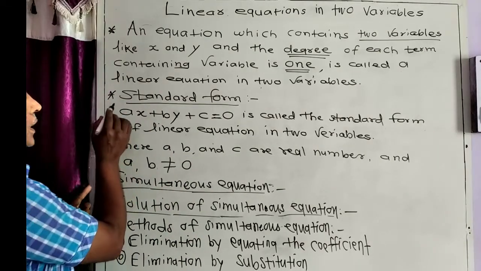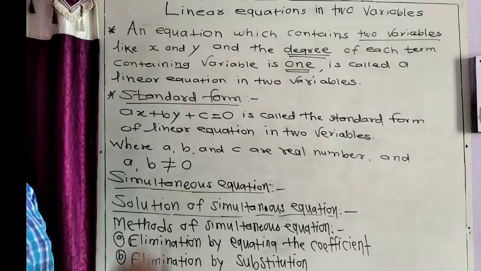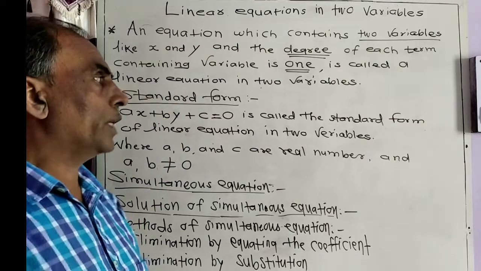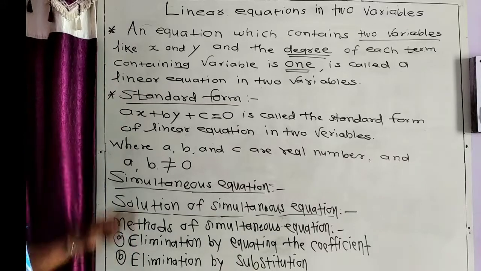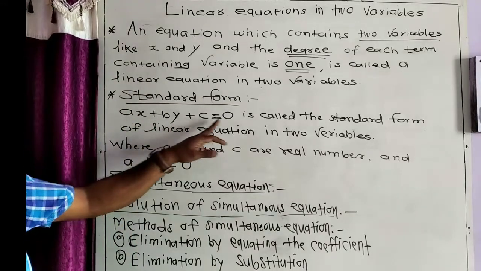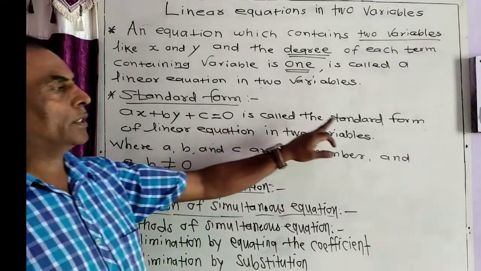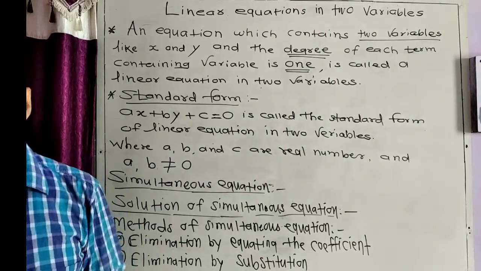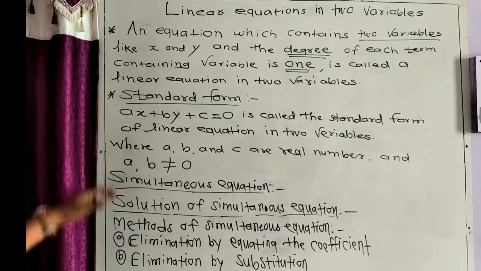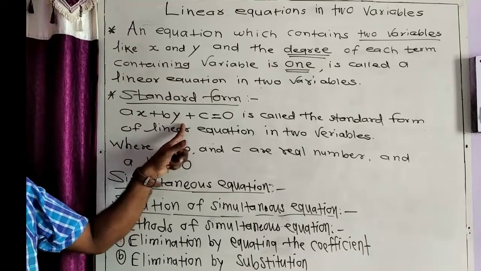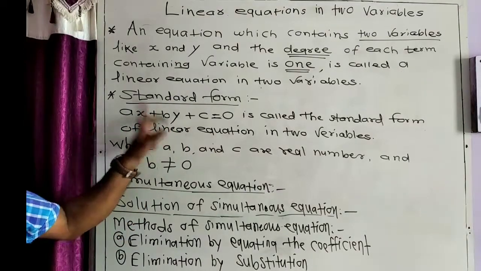Now the second topic, the standard form of linear equations in two variables. So what is the standard form? Last year we also saw that ax plus by plus c equal to 0 is called the standard form of a linear equation in two variables. There are two variables x and y, and the degree of each variable is 1.